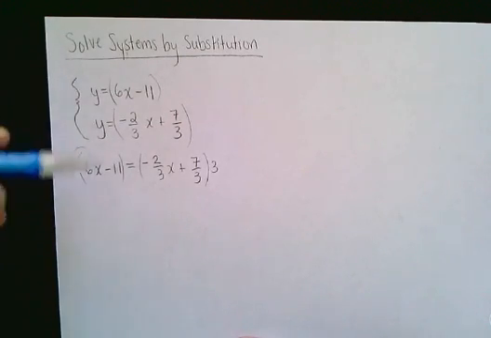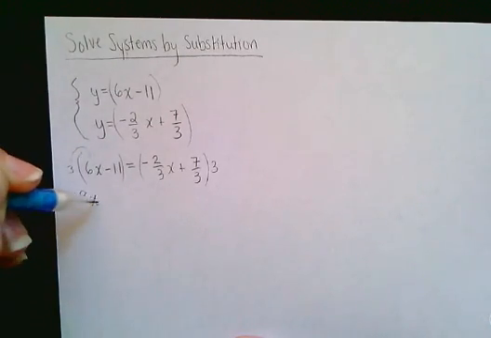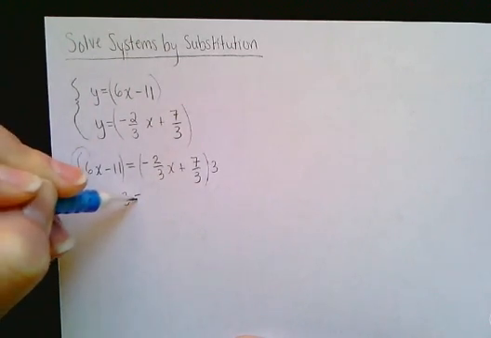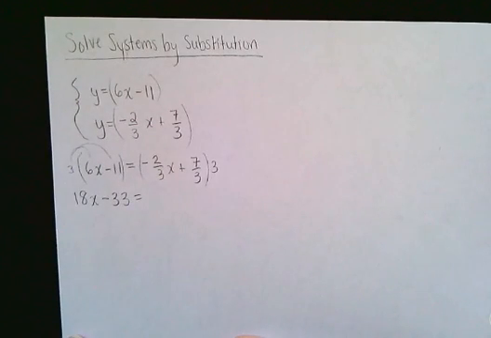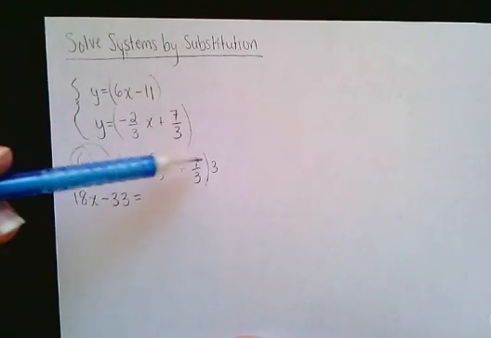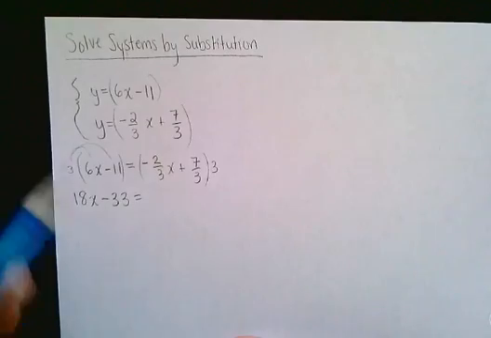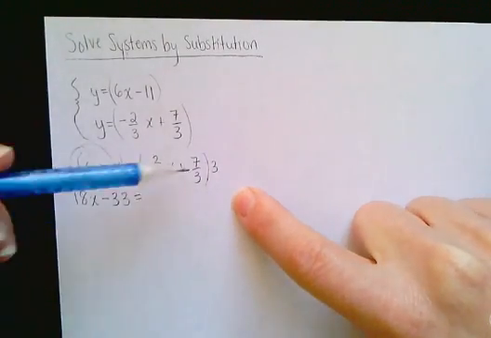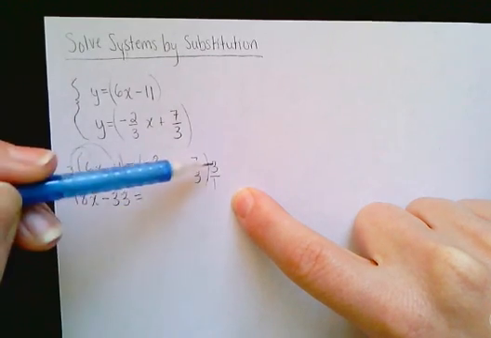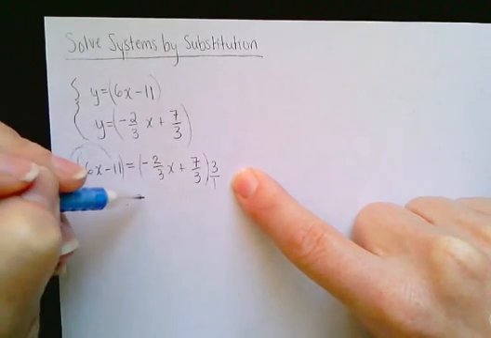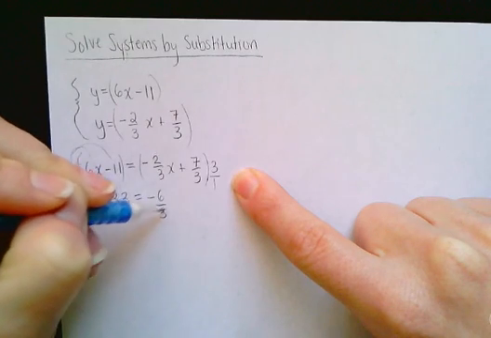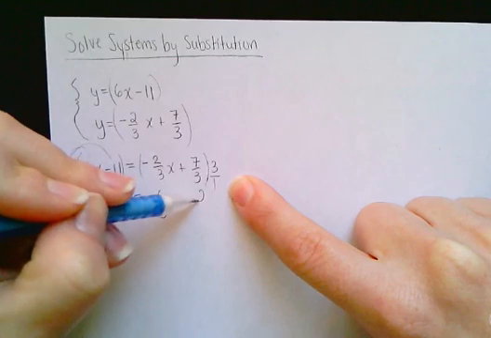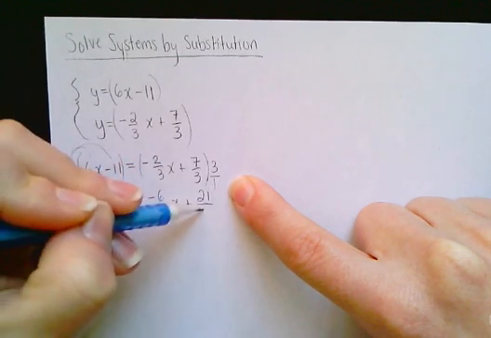So 3 times 6, that gives me 18x minus 33. 3 times negative 11 is negative 33, and then 3 times negative 2/3. If you think about 3 times negative 2/3, you're going to multiply it by 3 over 1, which would give you negative 6 over 3x, and then same thing here, 3 times 7 would be 21, and then the 3 times 1 is 3.